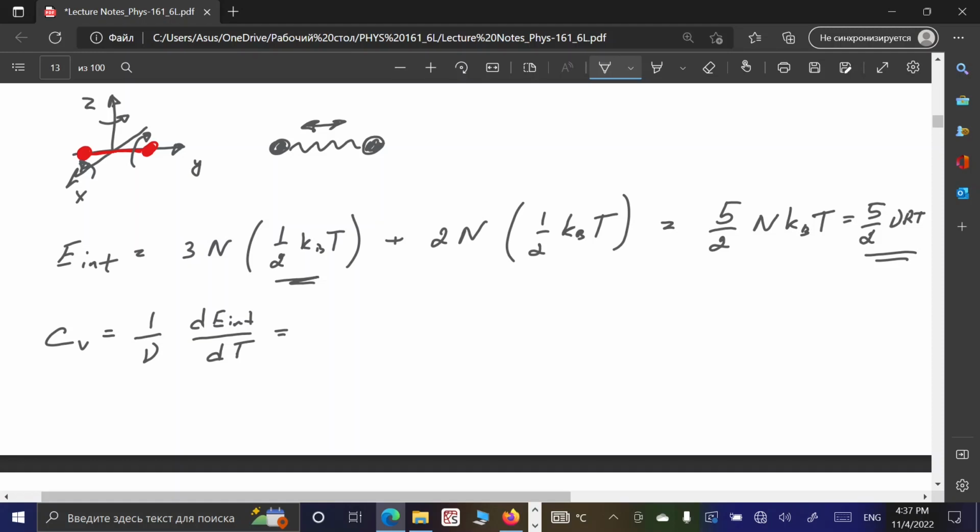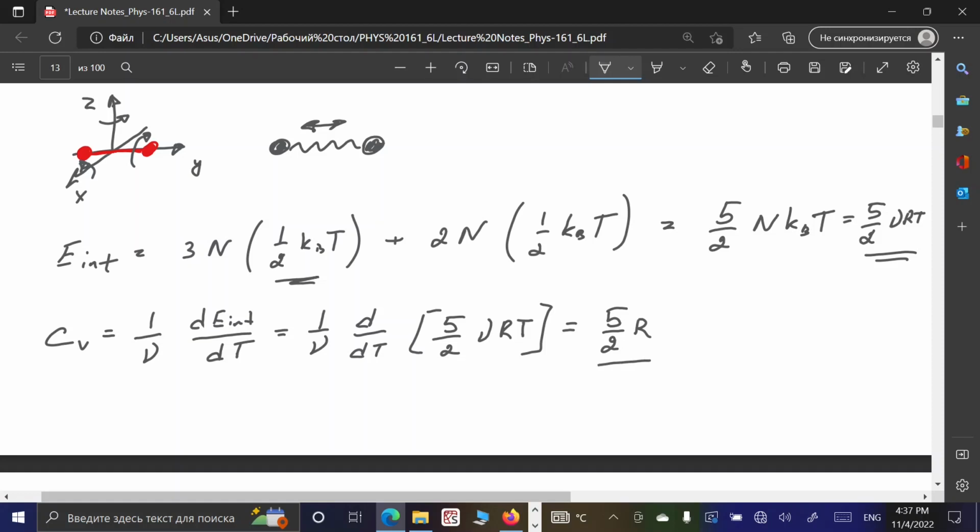And here we will get 1 over nu d over dT of 5/2 nu RT. So this will give us 5/2 times R.